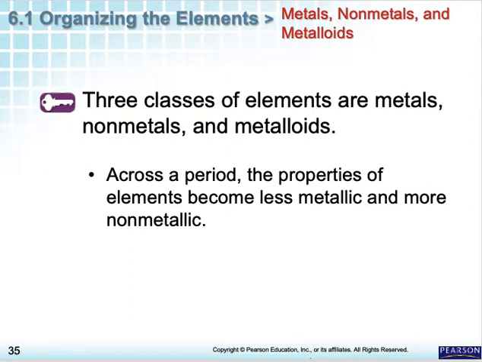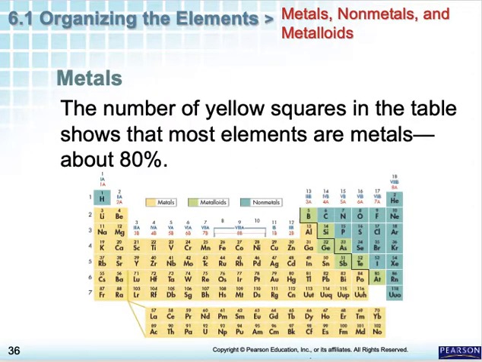Across a period, the properties become less metallic and more nonmetallic. 80% of the periodic table are metals, and you can see that because it's a large majority of the squares on the periodic table.